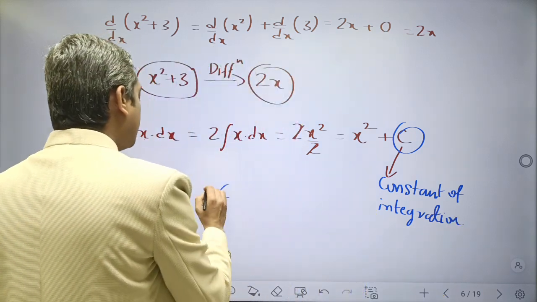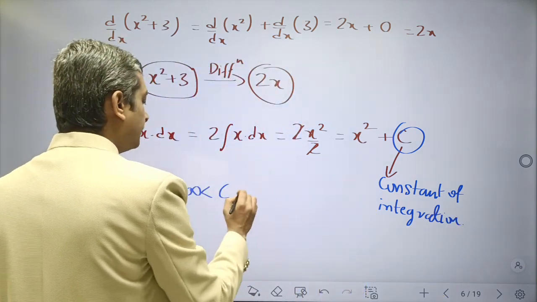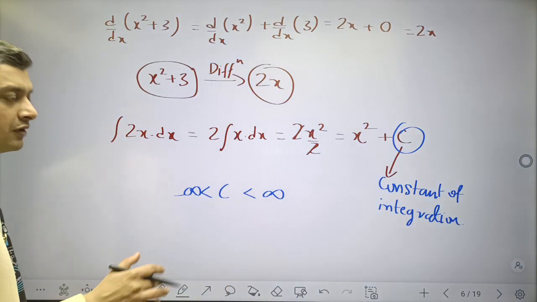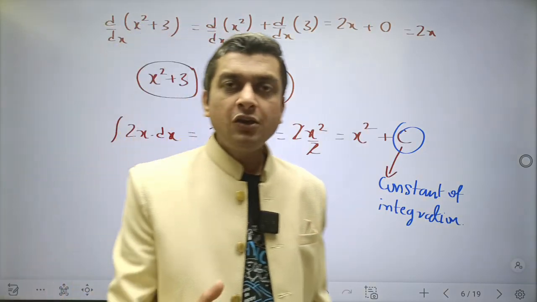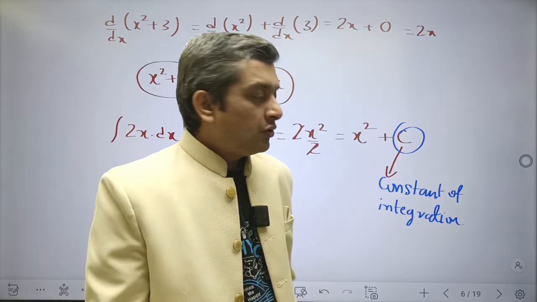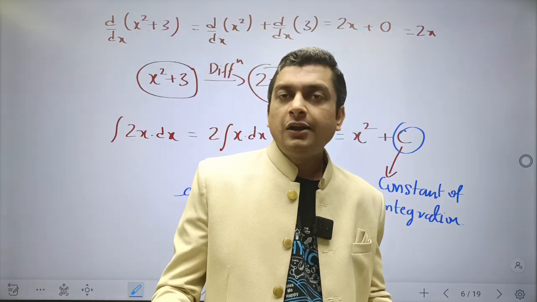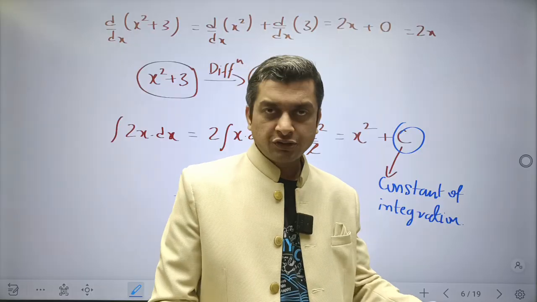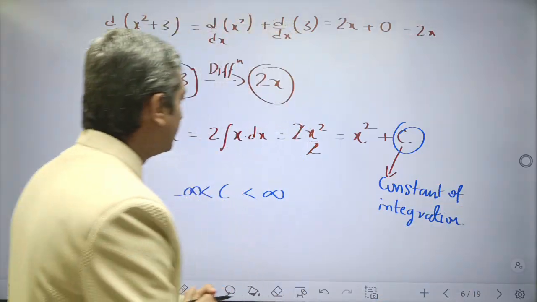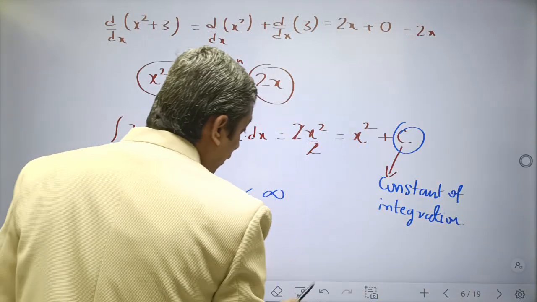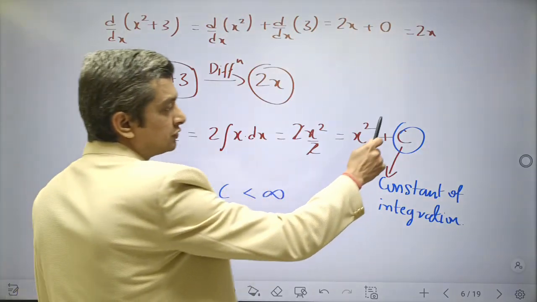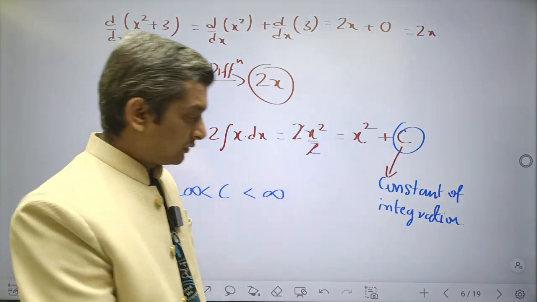This c may have any value from minus infinity to plus infinity, isn't it? In physics there are many numericals where you have to find the value of c by using the limits or the conditions given in the question. So that we will see further. In all the formulae where you are finding integration, you must put a constant of integration. This is the logic.